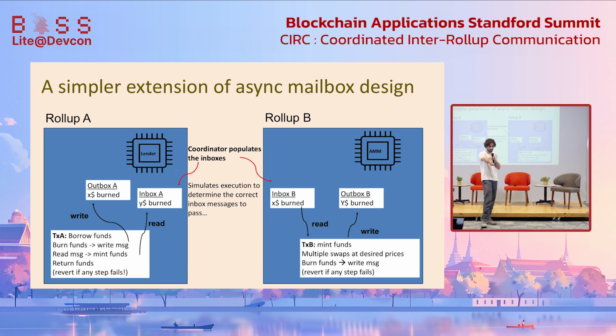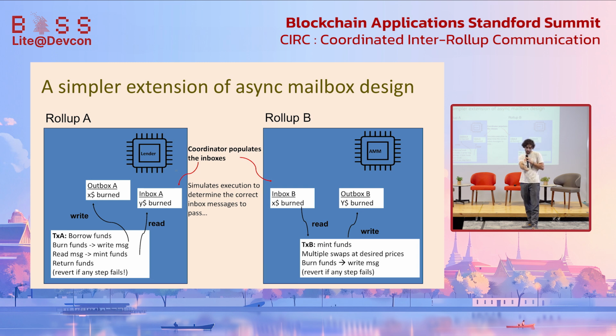So a flash loan, for example, would work like this. Instead of having two different sequencers for the two different rollups that pass in messages to the inboxes once they've been written to the outbox of the other chain, you can have a coordinator that actually executes the two different chains' logic, figures out what the messages sent between the chains should be, even over multiple rounds of messaging, and just provides the messages to the inboxes of each chain.